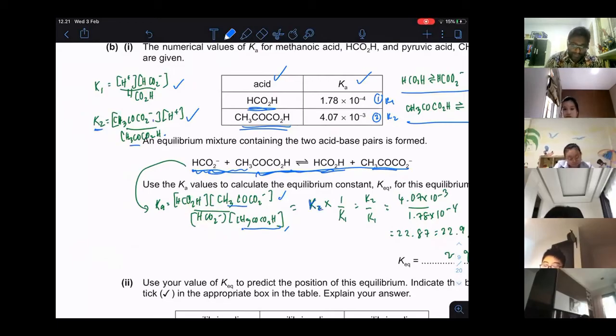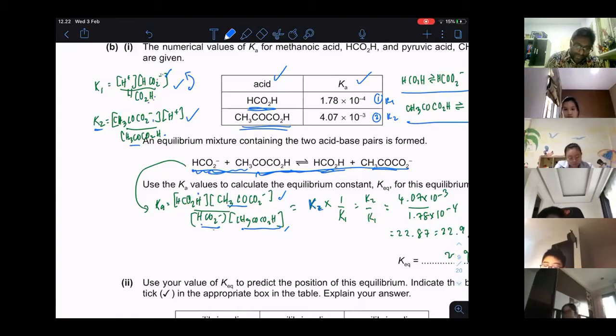But for K1, I can see there's HCO2 minus at the bottom, but here it is at the top. So it means that I need to flip this. When I flip, I'm going to get the HCO2H on top, and then HCO2 minus at the bottom.